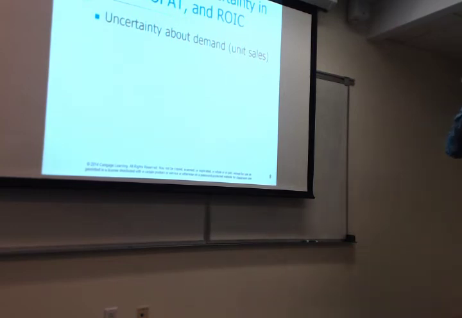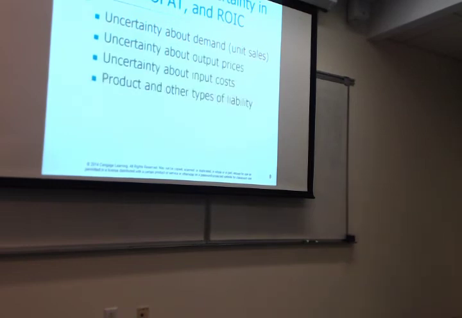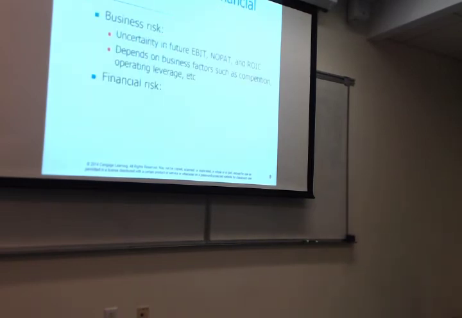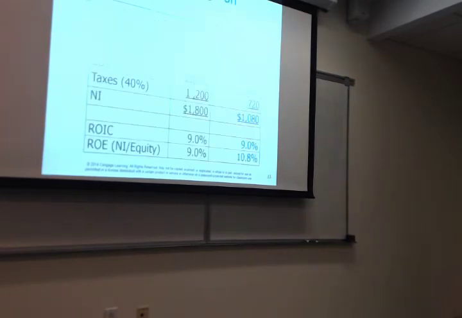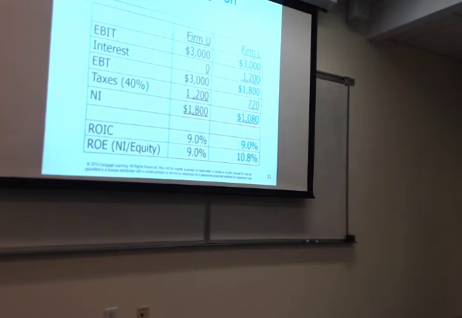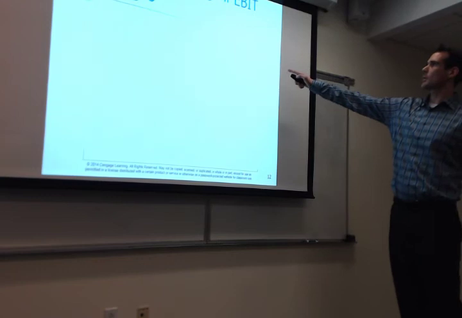So that's financial risk. The extra risk you're taking, additional risk concentrated on the common stockholders when financial leverage is used. Financial leverage means debt. More debt equals more risk. So we talked about this impact on returns. More risky with the levered firm.